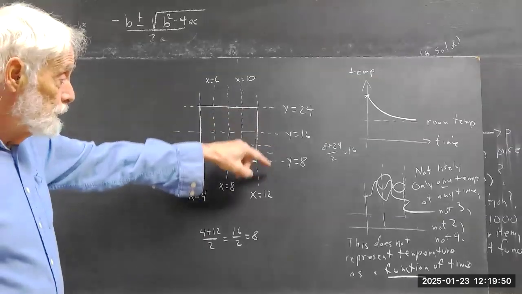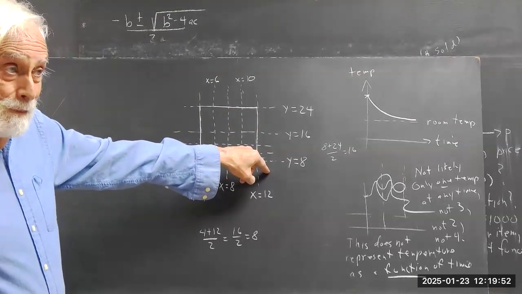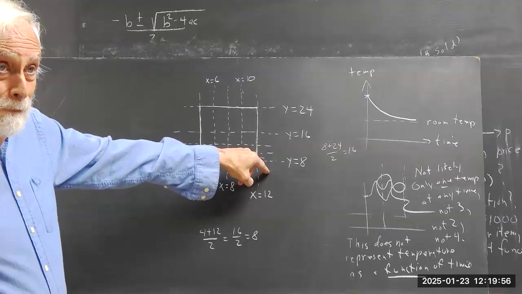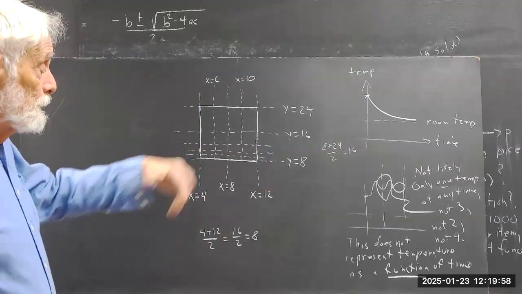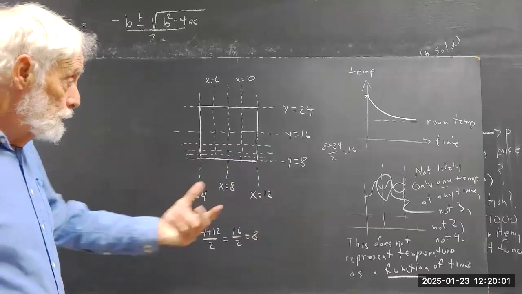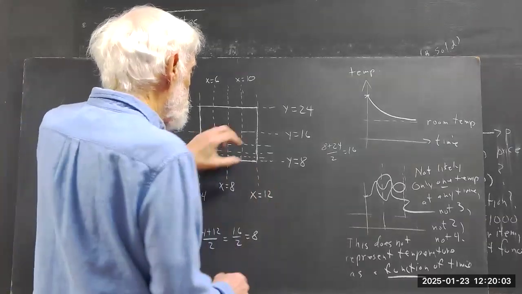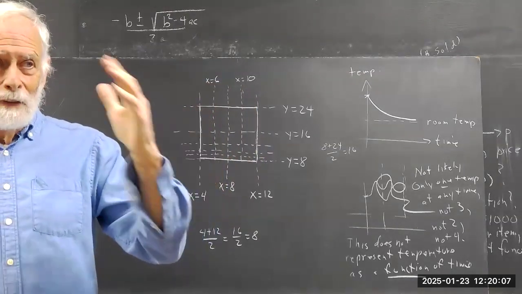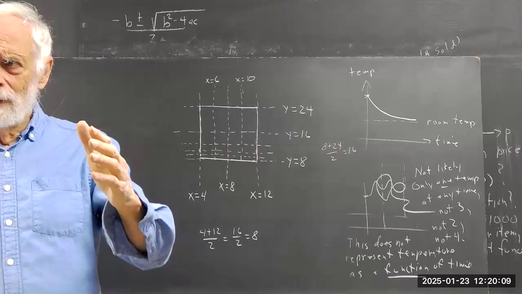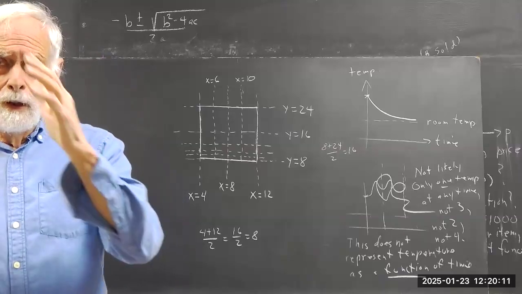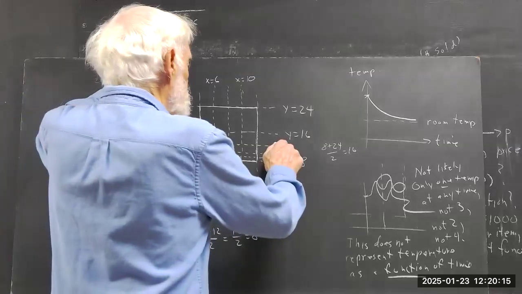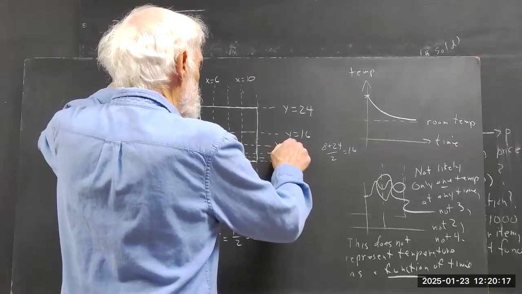So what's halfway from 16 to 8? Okay, 12, right? Because 16 and 8 is 24, divided by 2, you get 12. Or because you count 8 and 16, 9 and 15, 10 and 14, 11 and 13, 12 and 12. There it is. That's the intuitive way to do it. Of course, you can't do that with big numbers.